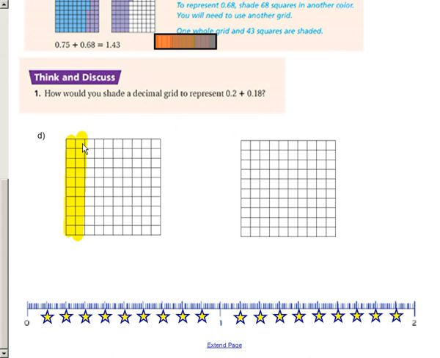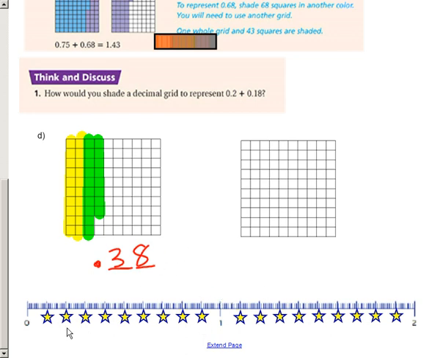I could also look at that as shading in 1/10 and then 8 little squares or 8 hundredths. So then the question is, how much do I have all together now? Well, I don't have a whole. I do have some tenths. I have 1, 2, 3/10, and then I've got 8 hundredths. So my answer would be 38 hundredths.